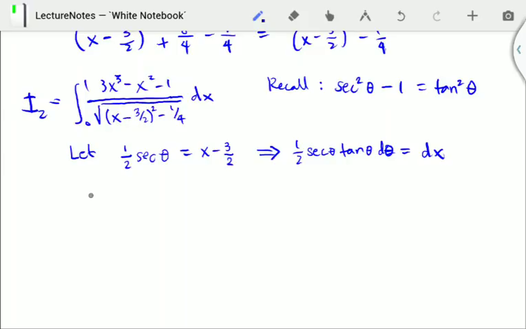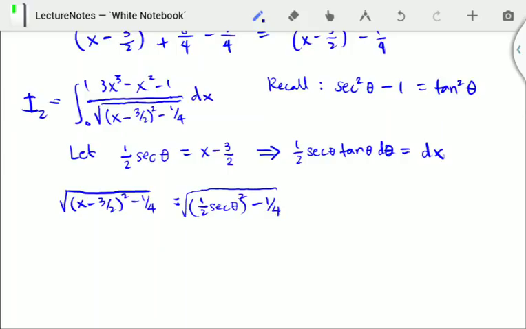Your denominator will now become, okay, so your square root of (x minus 3/2) squared minus 1/4, if you do this substitution, that will give you (1/2 sec theta) squared, because this is your x minus 3/2 with a square, minus 1/4 and then square root, which of course simplifies to the square root of 1/4 sec squared theta minus 1/4.